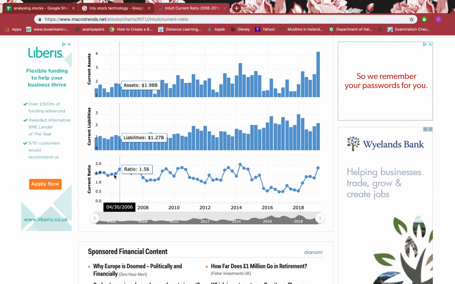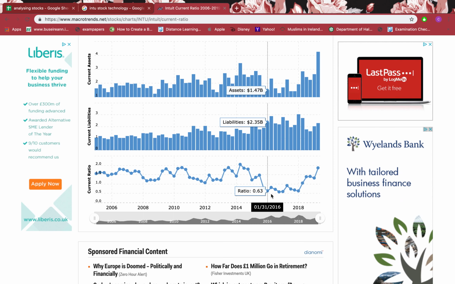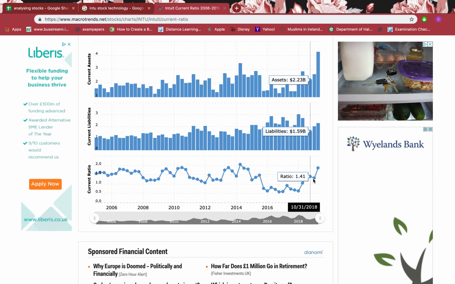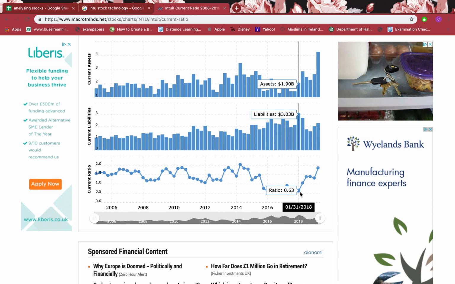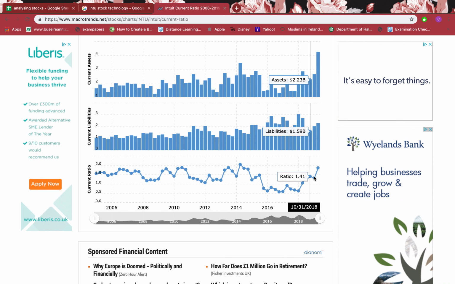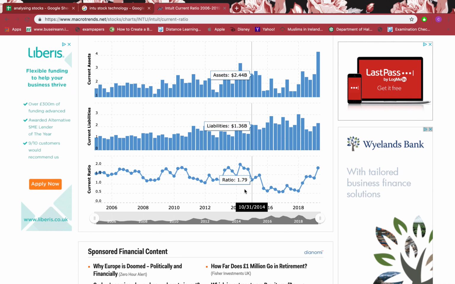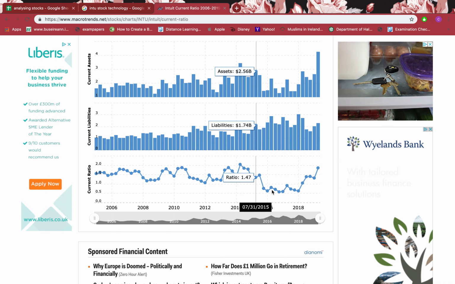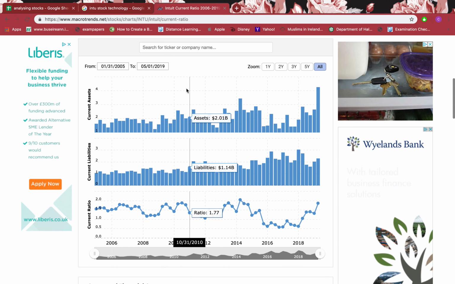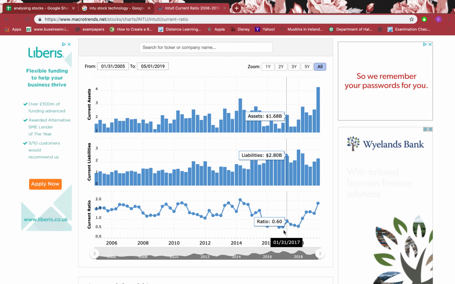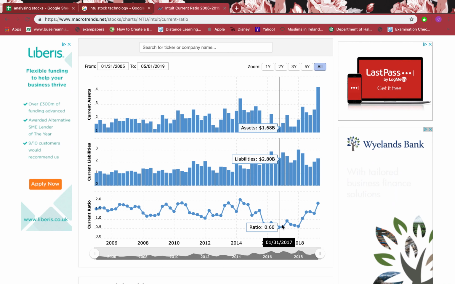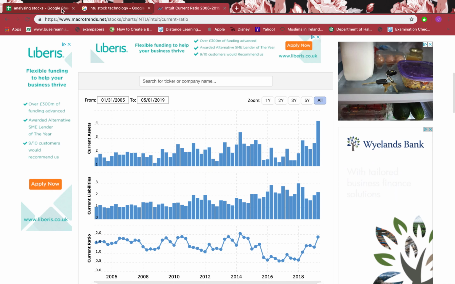So there have been ups and downs, but right now, from 2018 it has gone up, so it has recovered. But it's not very consistent from 2015, which is very recent. So we need to take care about that, because it's even below 1, which is not very good. It's a lot risky to invest here.